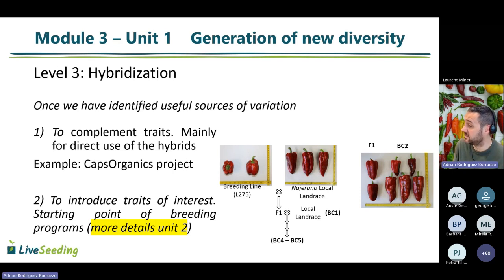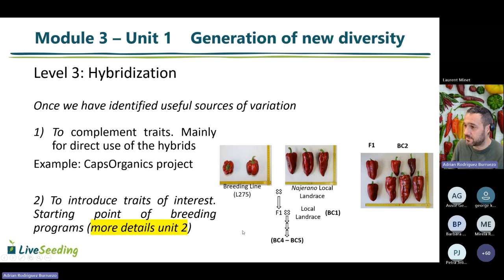I mean, a new version with the whole original genetic background of the local landrace, but introgressing the resistances. So we can work in both.